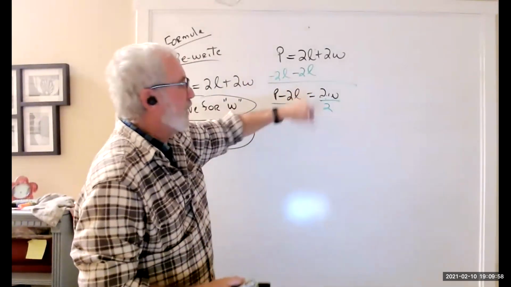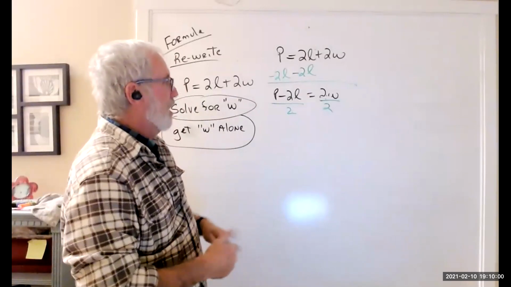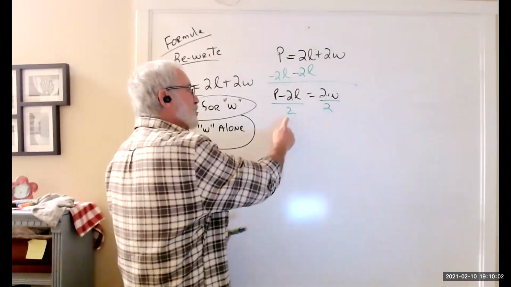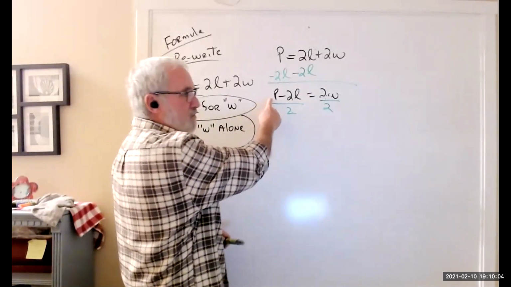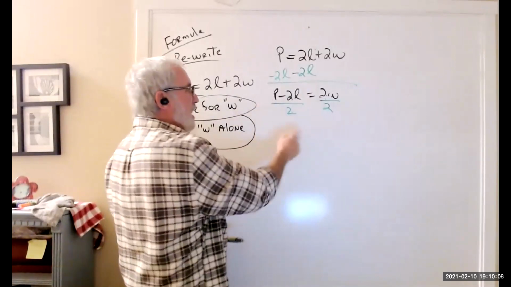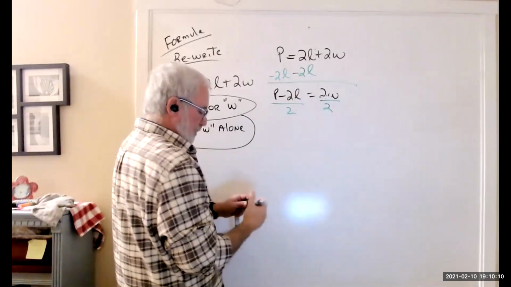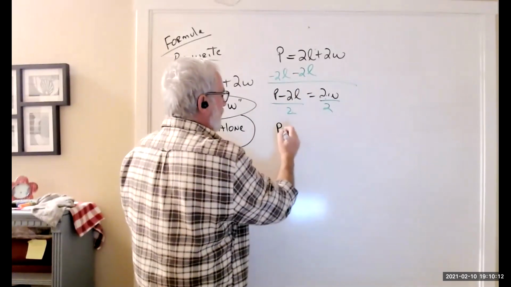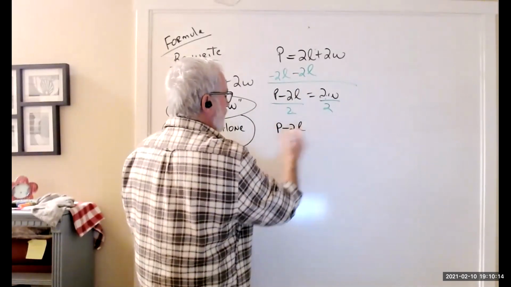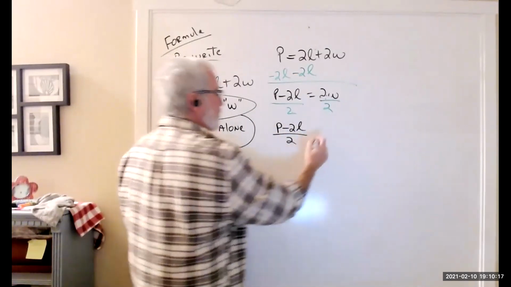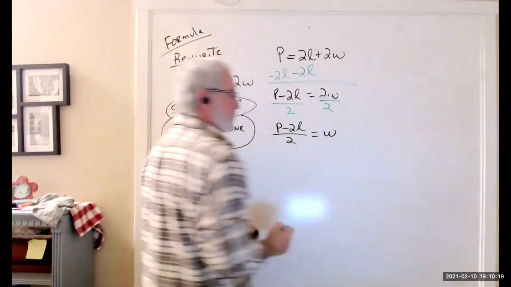They're called the inverse operations of each other. Again, can you divide 2 into P? No, don't know how. I can't go 2 into the whole fraction. And by the way, you cannot split that fraction up. So you end up with P minus 2L all over 2 equals W.